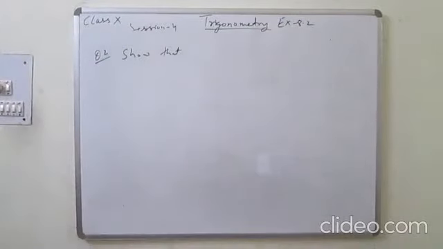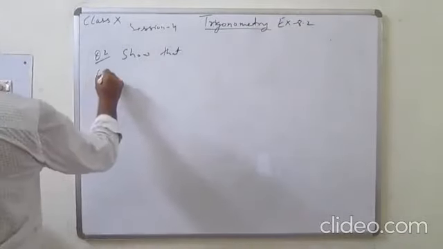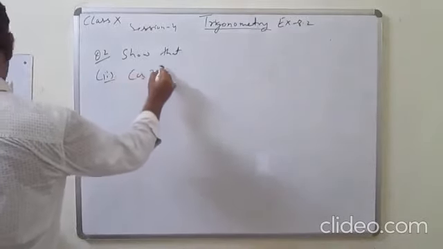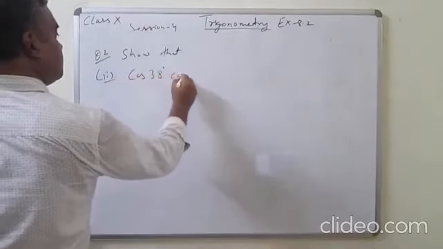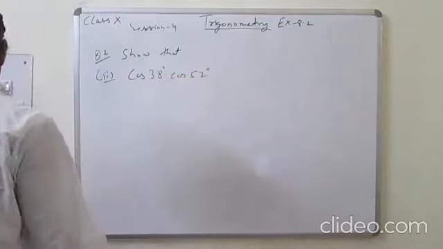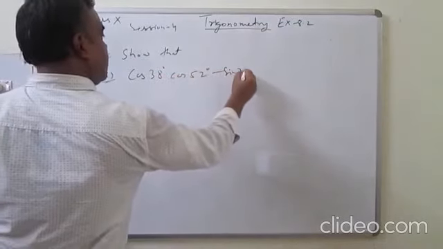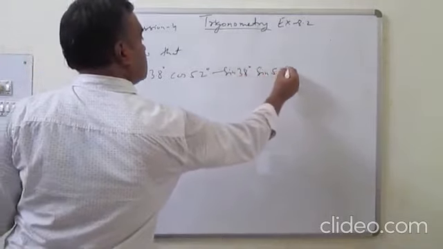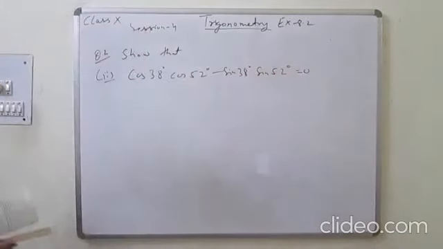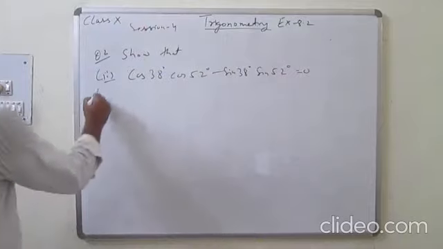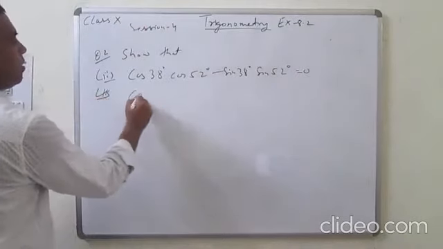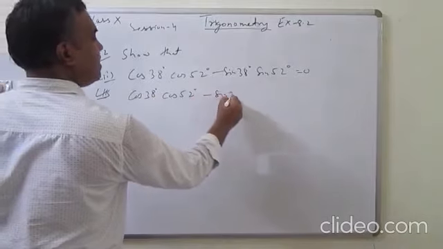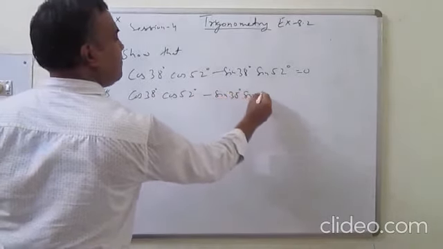Second part: cos 38, cos 52 minus sin 38, sin 52. You have to prove it is 0. I will take the left hand side: cos 38, cos 52 minus sin 38, sin 52.